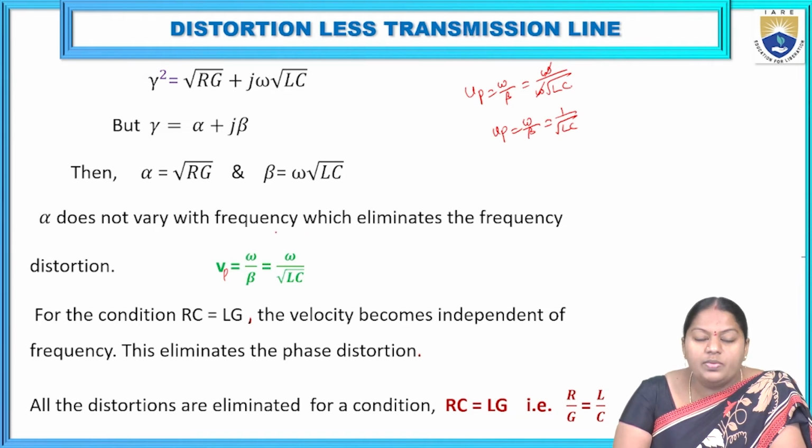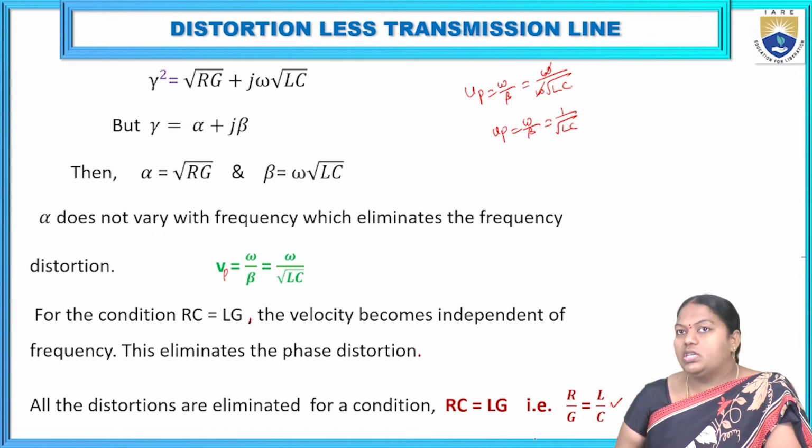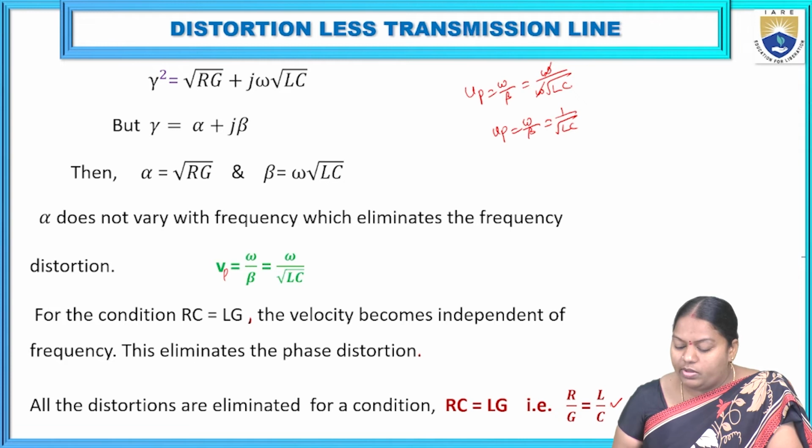And according to the distortionless condition RC = LG, or L/C = R/G, the velocity becomes independent of the frequency components, and this eliminates the phase distortion. All the distortions are eliminated for the condition RC = LG, or L/C = R/G, which is called the minimum attenuation condition or distortionless transmission line condition.